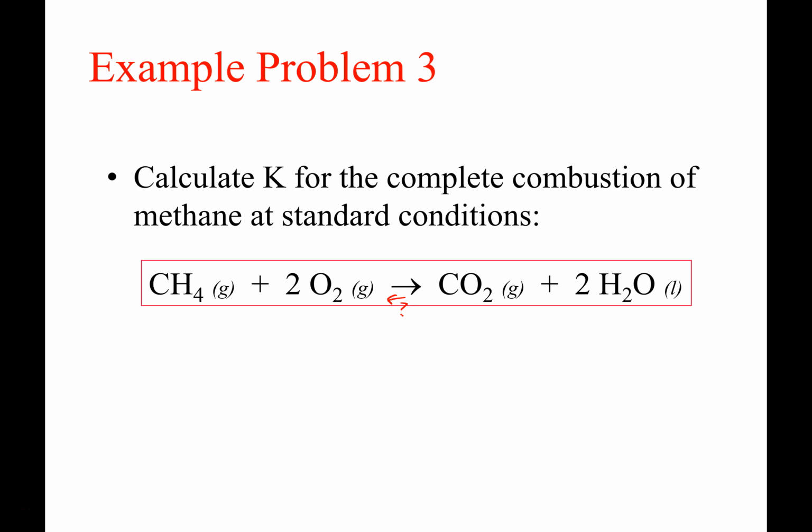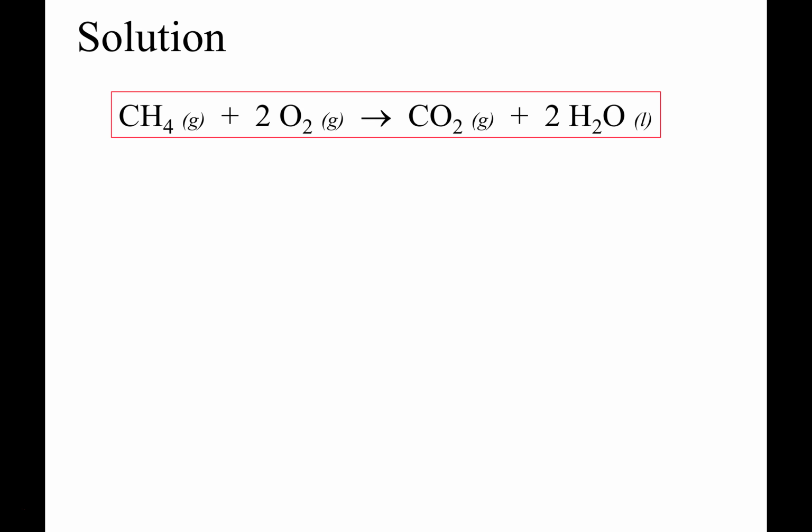Equilibrium? Well, if something is really favored, and actually we're going to see that here in a minute, if it's really favored in the forward direction, is the K high or low? Is the K big or small? Products over reactants, so it's big. Yeah, the K is really big if it favors the products. So let's see what we can do with this.